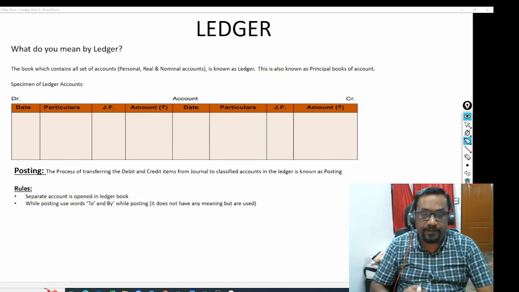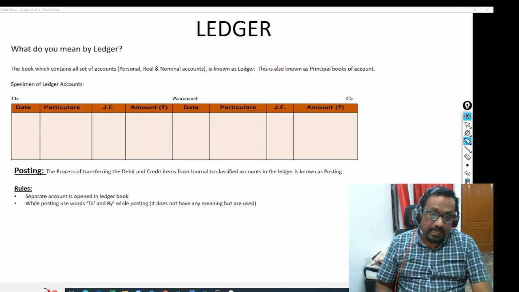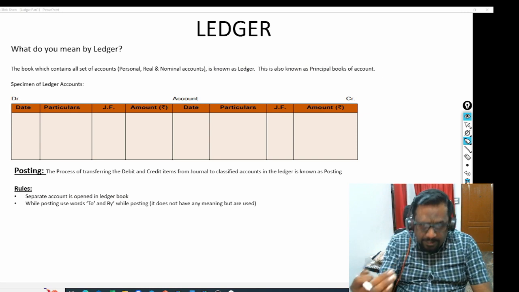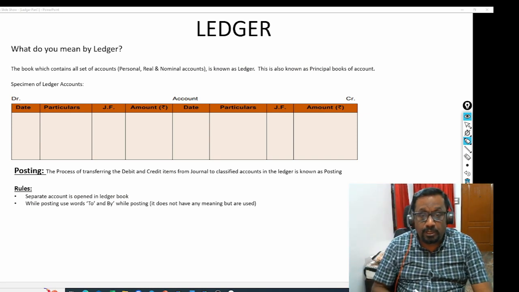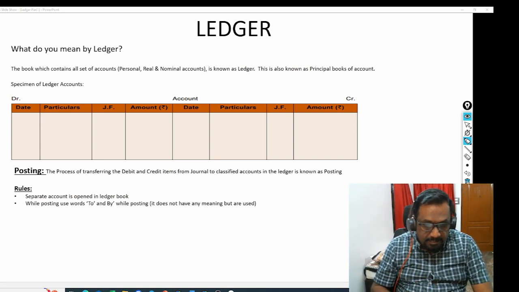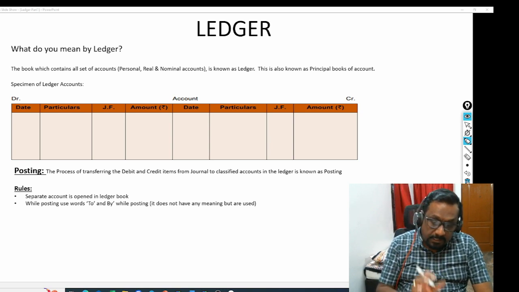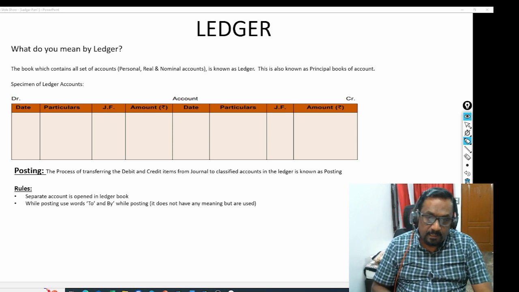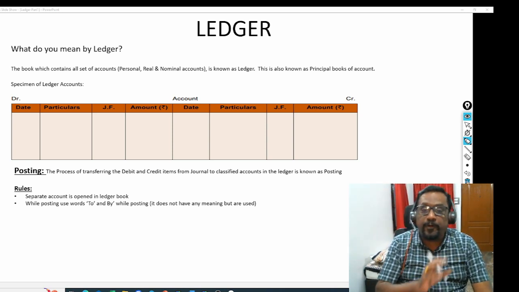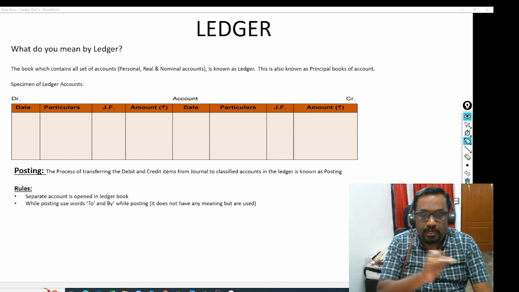This is about the basics of ledger. What do you mean by ledger? We understood. Why we need to post those transactions from journal to ledger, that also I explained. What do you mean by account? I explained. What is the specimen of the account? I explained. What is the meaning of posting? I explained. What are the rules to be followed while posting transactions from journal to ledger?